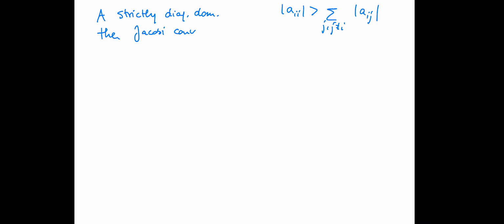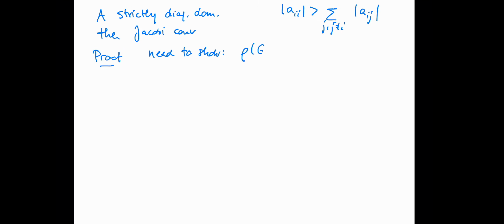So the proof is, well, what we need to show is that the spectral radius of G, and that is the spectral radius of D inverse times E plus F, because that is the iteration matrix that belongs to Jacobi iteration, is less than 1.